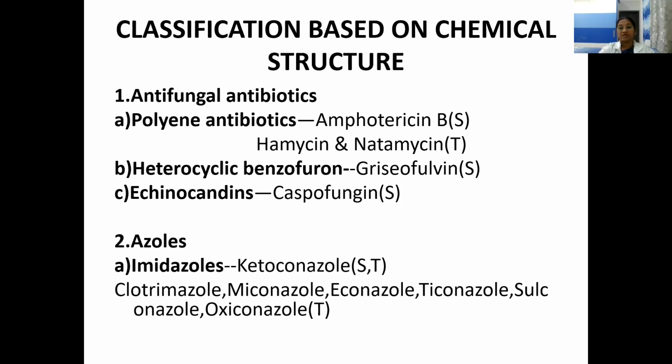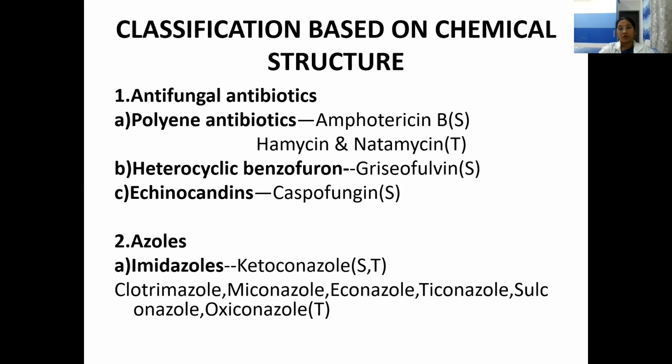Coming to the second group of drugs, the azoles. Depending upon their chemical structure, the azole ring has either two or three nitrogen atoms. If two nitrogen atoms are there, it comes under the imidazole group. If three nitrogen atoms are present, it comes under triazoles. So azoles are divided into imidazoles and triazoles. An example for imidazoles is ketoconazole.